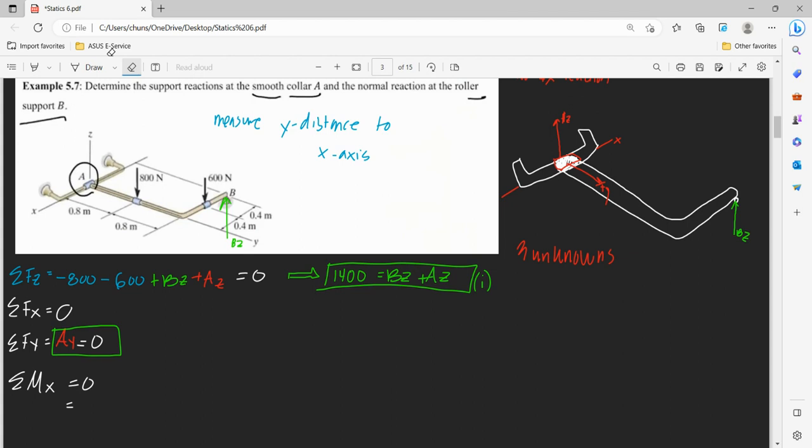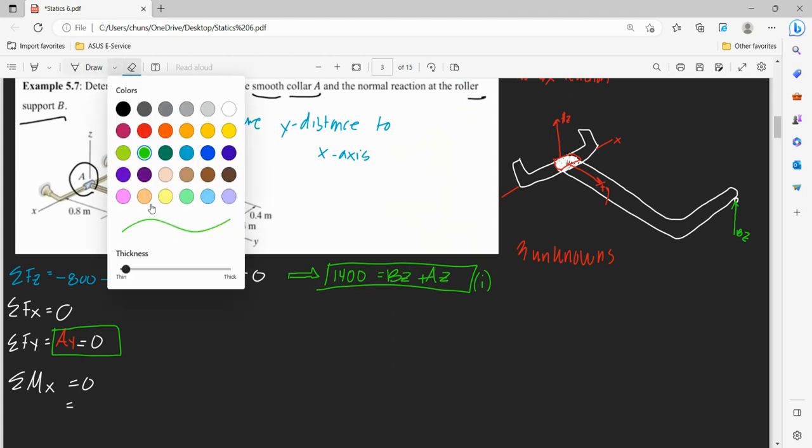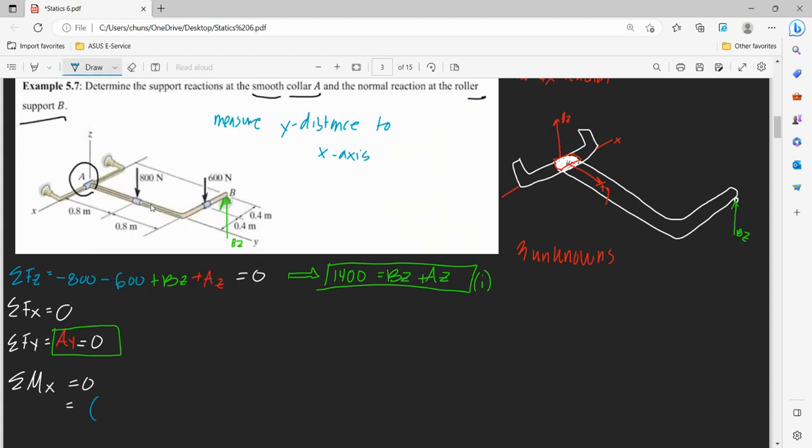Okay, so this means that I'm just going to start with each one separately, and then I'm going to talk about direction later for our signs. So this is 0.8 meters.